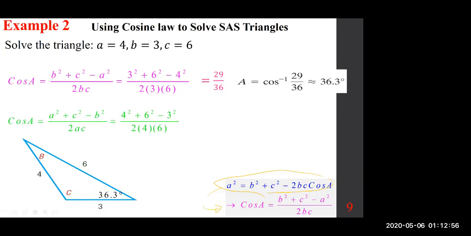Now, let me change the formula, class. Really, this is B, okay?